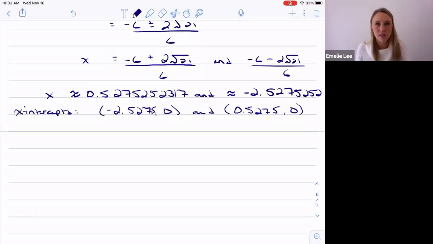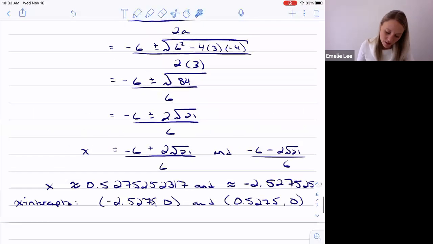Same number of decimal places for both. Notice that they're the same, 0.5275, but it's hard to find that relationship. You need to calculate it. So that's your first option.